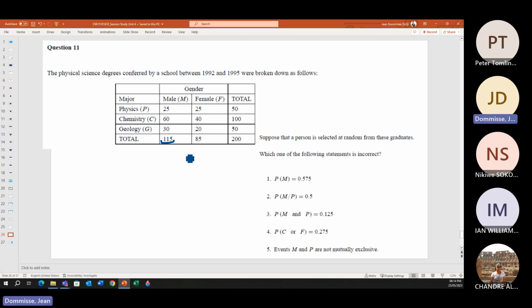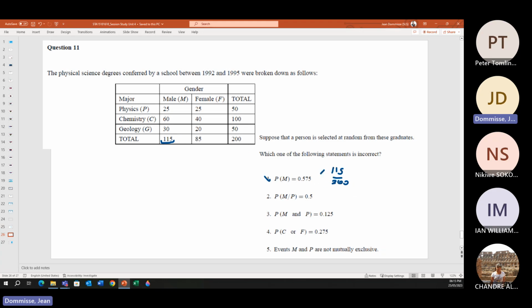So that is just straightforward, 115 divided by 200. So let's see if that is 150 divided by 200 is 0.575, which is correct. So that was just looking at the total of males dividing by the total sample.